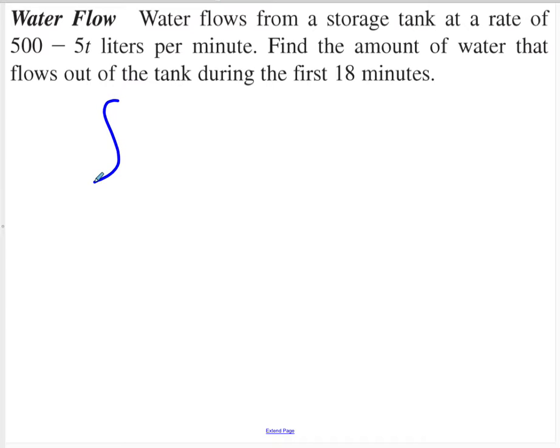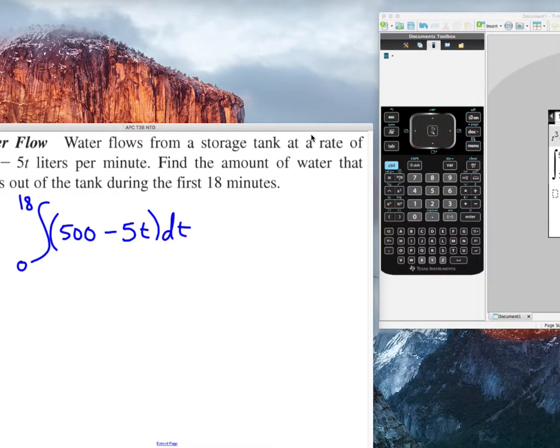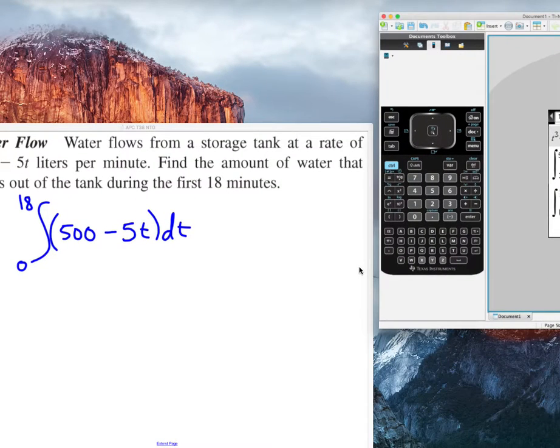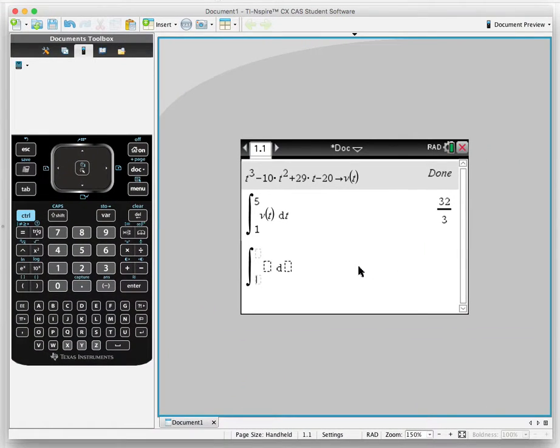So integrate from 0 to 18, 500 minus 5t with respect to t. All right, so we'll integrate from 0 to 18, 500 minus 5t with respect to t.